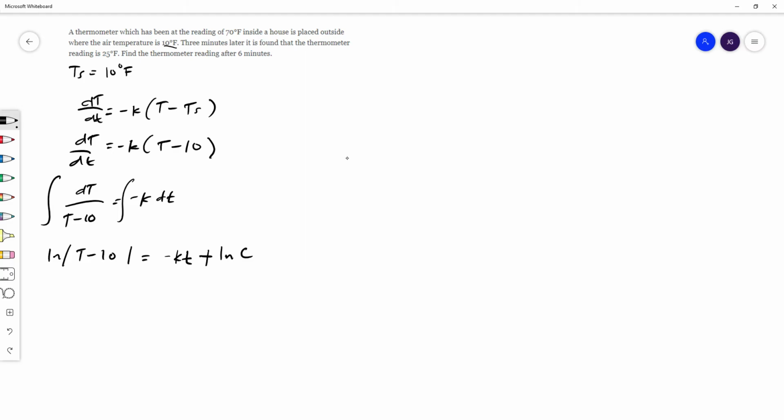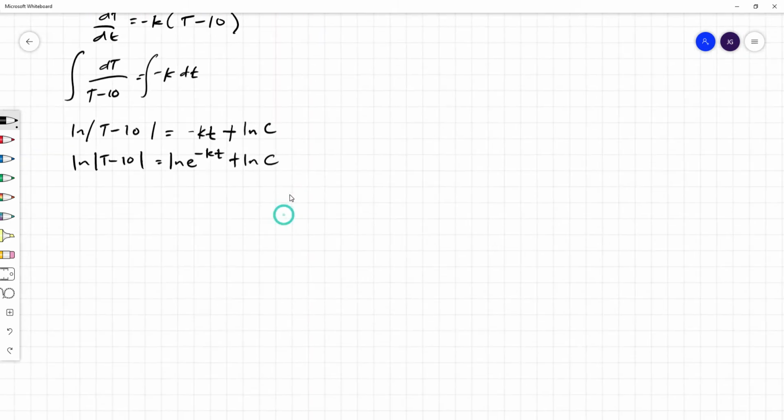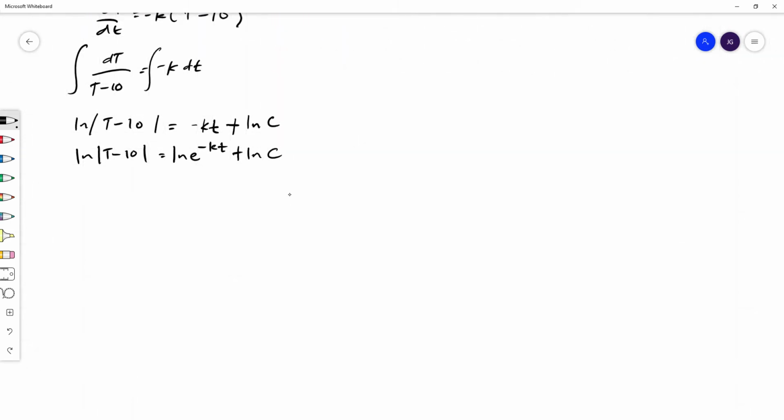Okay, so for this one, we can also rewrite our negative kt as ln e raised to negative kt, so that all the equations are used with natural logarithm. And after this one, we need to combine both terms from our right hand side.